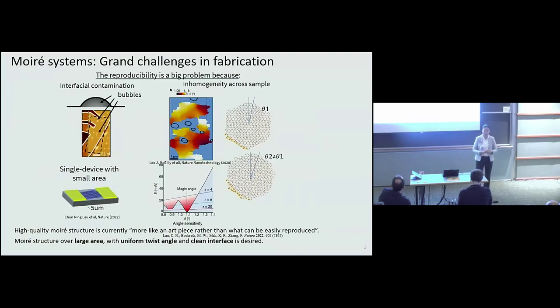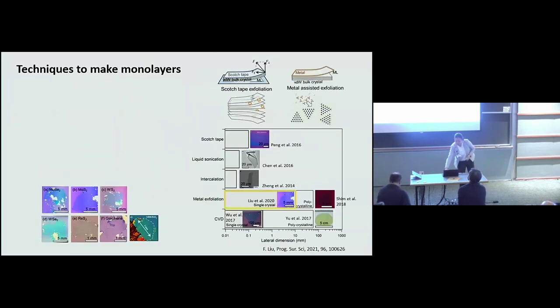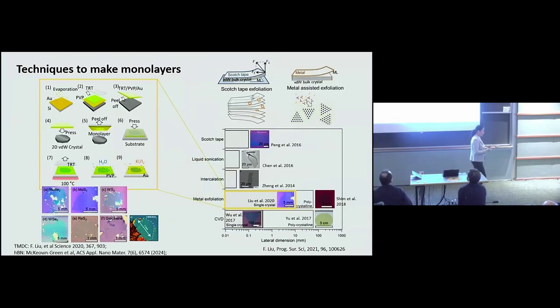So can we make moiré structures over a large area with uniform twist angle and a very clean interface? There has been a lot of development on different techniques to make these monolayers or moiré structures at a larger scale. This is a quick summary of the different techniques to make monolayers at different length scales.